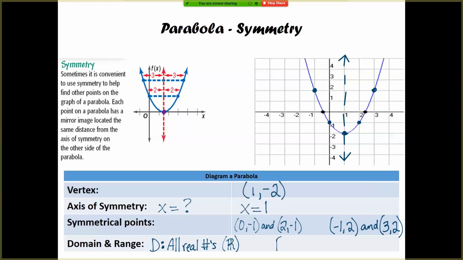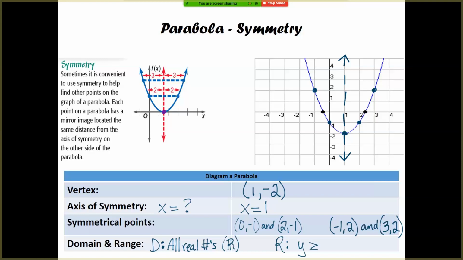Your range, so for my range, I'm either going to have y is greater than or equal to if my graph opens up, or y is less than or equal to if my graph opens down. Do I have a parabola that opens up or opens down? Up. So I'm going to have y is greater than or equal to some number.